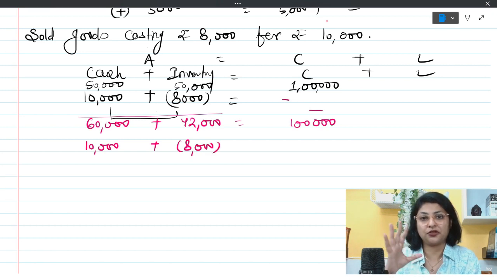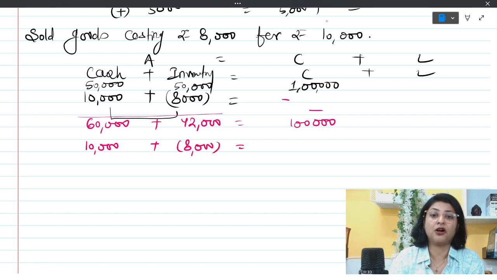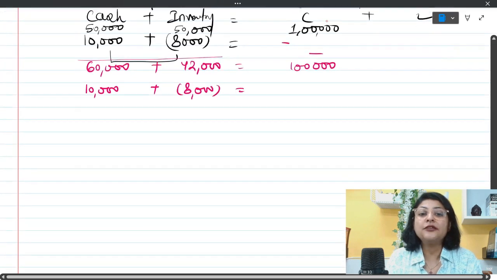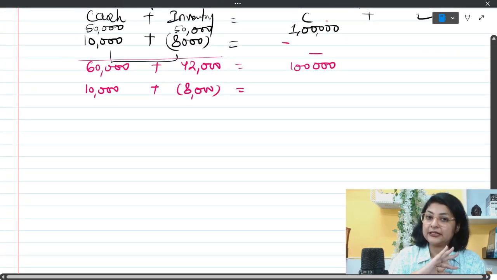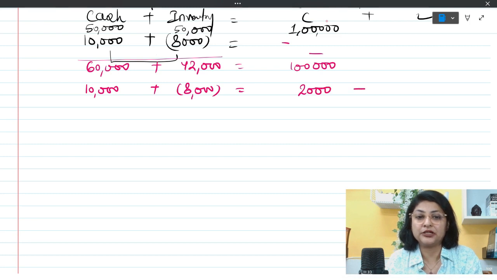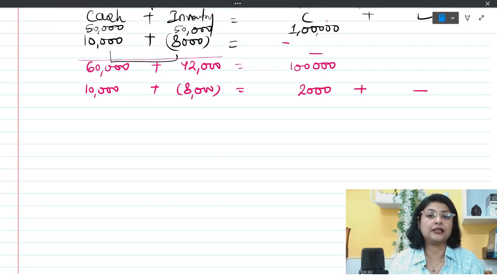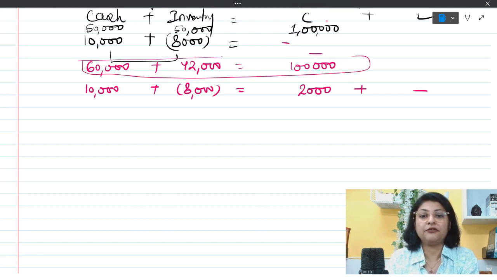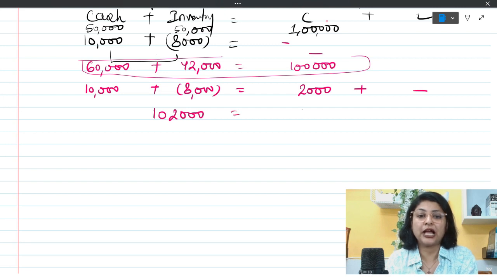Always from the stock you will deduct the amount of cost, and you will add the difference, either loss or profit, to or from the capital. In this transaction there is a profit. Now my accounting equation is going to tally: it is 1 lakh 2,000 rupees over here and also 1 lakh 2,000 rupees here.